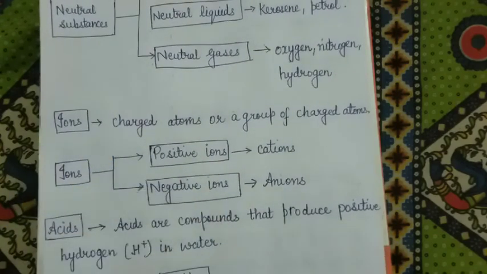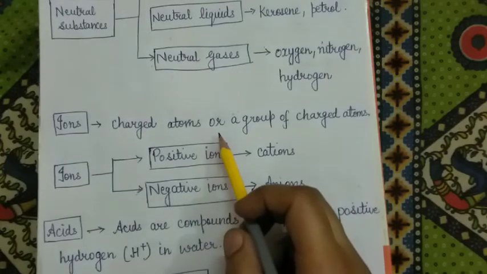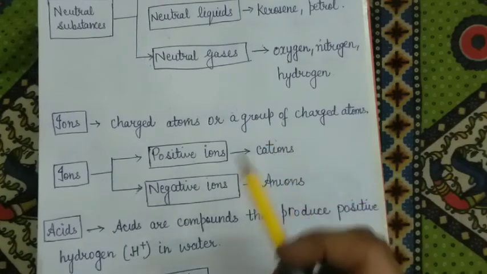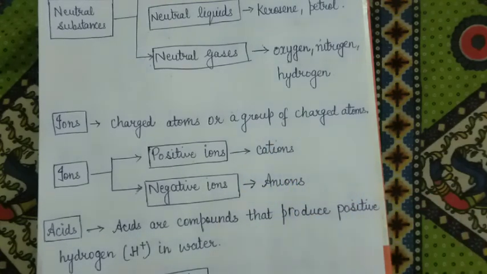Next topic is ions. So students, we know that everything around us that occupies space and has some mass is known as matter. And matter is made up of atoms. The charged atoms or a group of charged atoms are known as ions. And ions can be of two types, positive ions and negative ions.